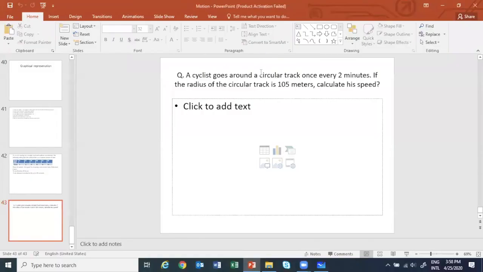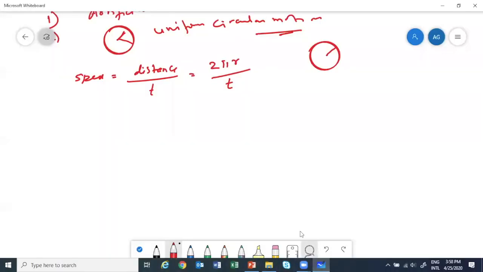Radius is 105 meters. So 2 into pi, we can take pi as 22 by 7, or sometimes 3.14. Both are the same.